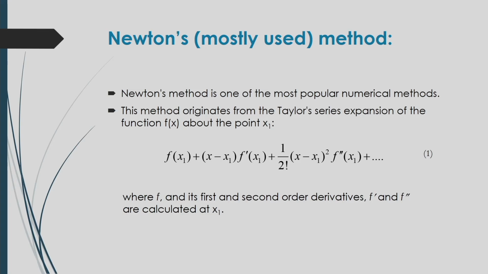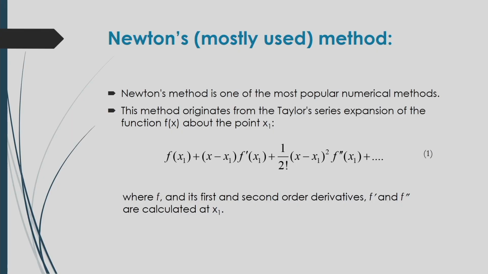So in that way you can also find the solution of this nonlinear equation. Now we will do Newton's method to solve this nonlinear equation, which is mostly used, and this is actually one of the most popular numerical methods. It originates from the Taylor series expansion of the function about a point, suppose x1, the initial point.